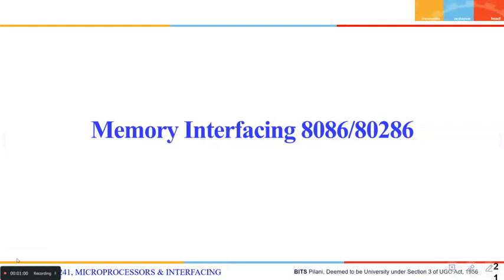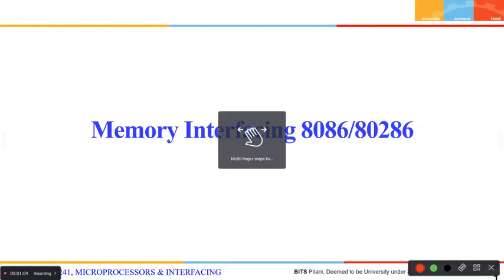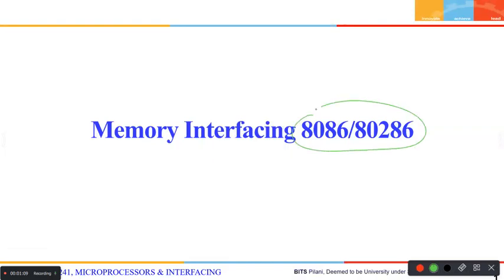Can you tell me what is the difference between 8086 and 80286 microprocessor? Tell me in terms of address bus. What is the address bus size in 8086? 20, right? What is the address bus size in 80286?